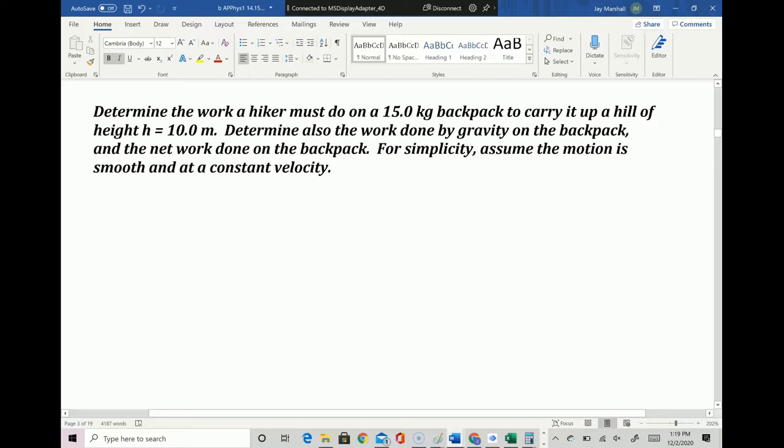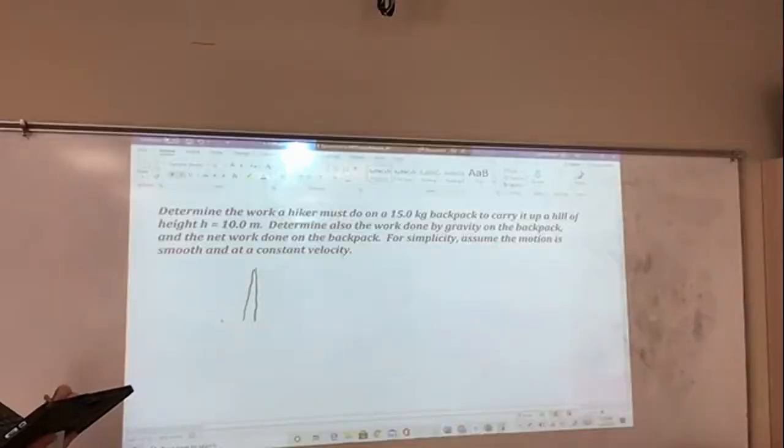Okay? So determine the work a hiker must do on a 15-kilogram backpack to carry it up a hill of height 10 meters. And we don't care whether it's done at this angle or this angle or this angle.